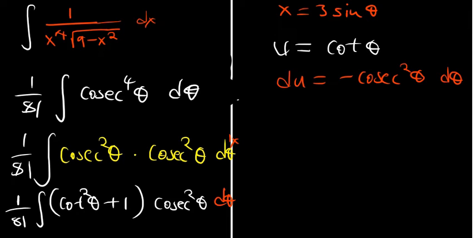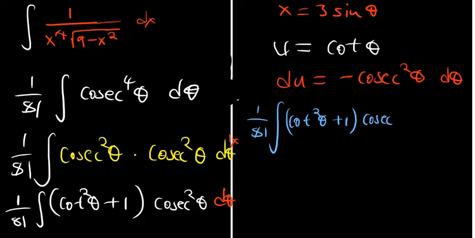So where we've got a d theta, I can just substitute. So we're going to have 1 over 81, and then the integral of cotangent squared of theta plus 1, and then cosecant squared of theta.